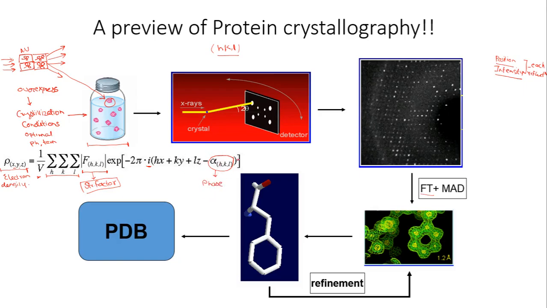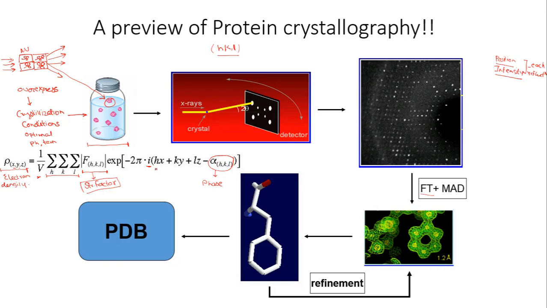You need to know the phase in order to complete your electron density. You would require the structure factor and the phase information, then you are able to find the electron density. So you need to separately find the phases, and this is termed the phase problem in crystallography.